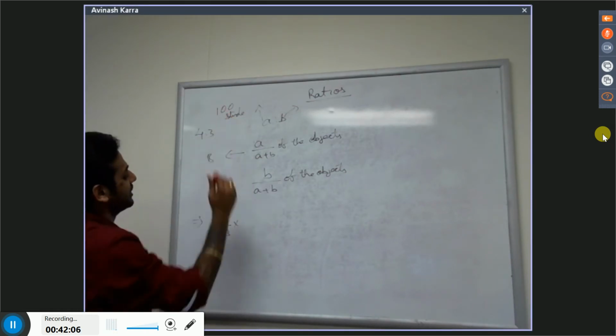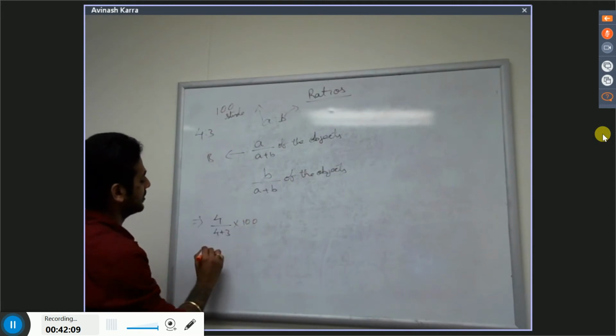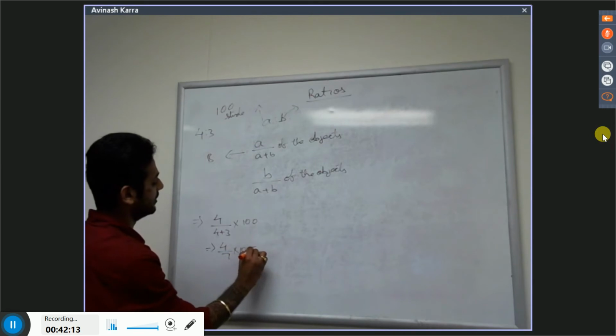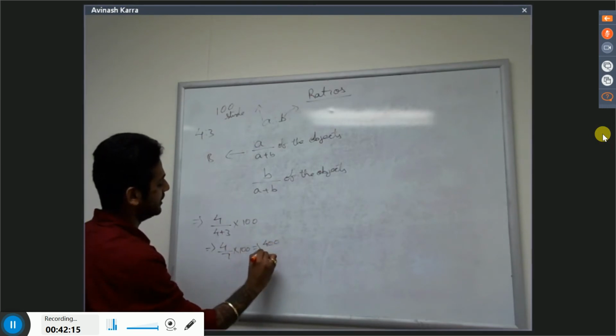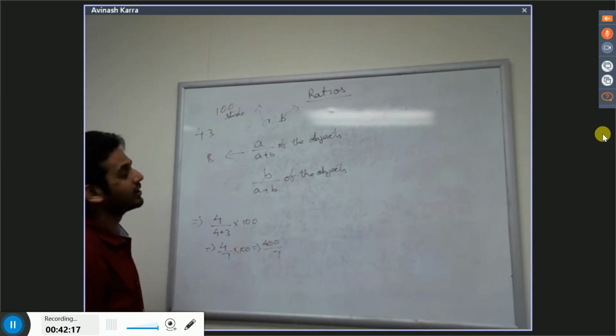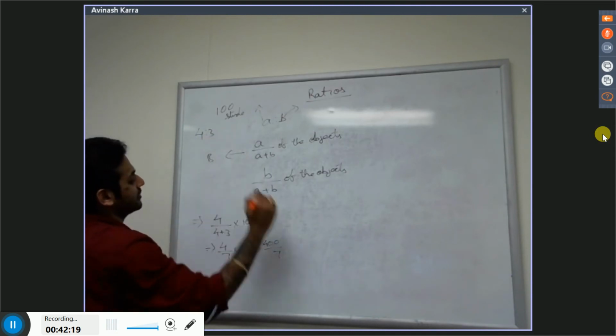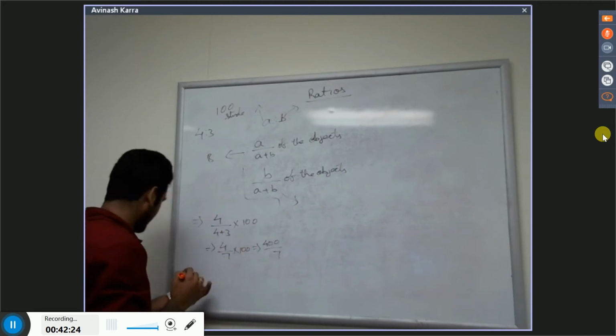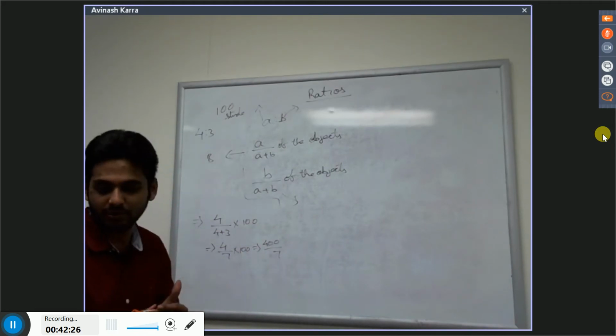How many objects? 100. 4 by 7 into 100, which is 400 by 7. And girls, the same way. Whether it's clear or not, let me use the other pen.